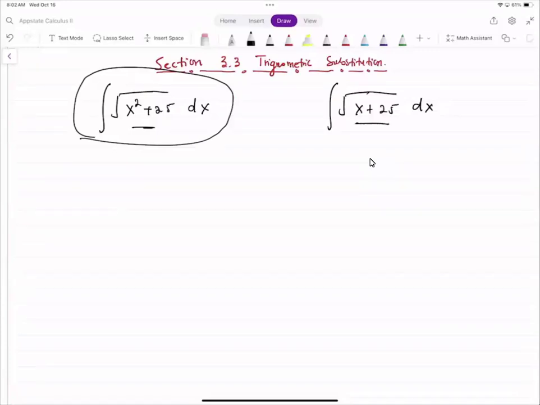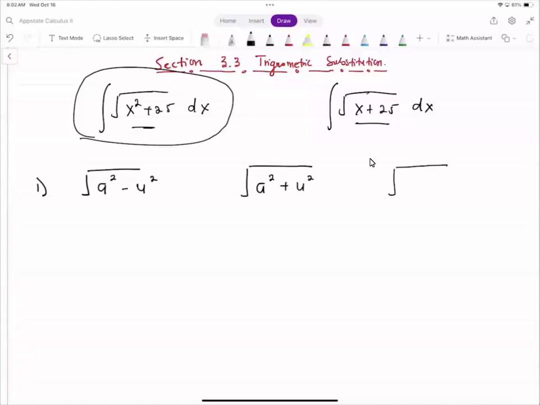One of them is if we have functions in the radical sign like a squared minus u squared. The other one is a squared plus u squared. And then u squared minus a squared.